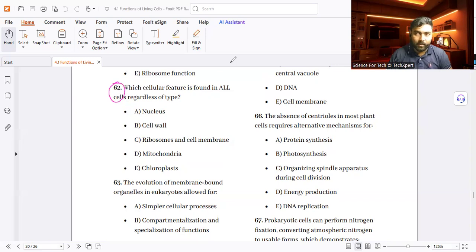No, not mitochondria. Can we see mitochondria in prokaryotic cells?